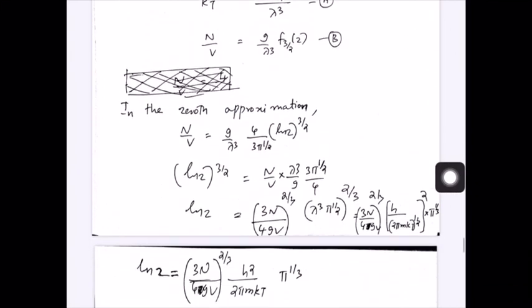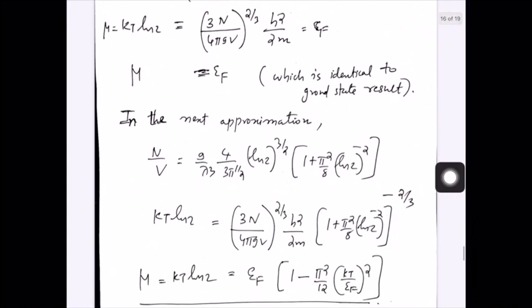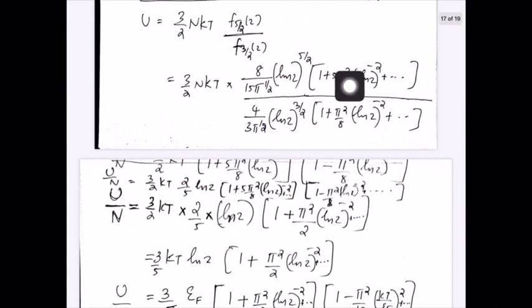So that is substituted here for U, that is given here for U, f5 by 2 of z and f3 by 2 of z. So U by N will be, N I am taking to the left hand side, 3 by 2 kT, and then we cancel similar terms, and after processing we get 1 plus 5 pi square by 8 (log z) to the power minus 2, and into this 1 minus, I am taking this series to the numerator.